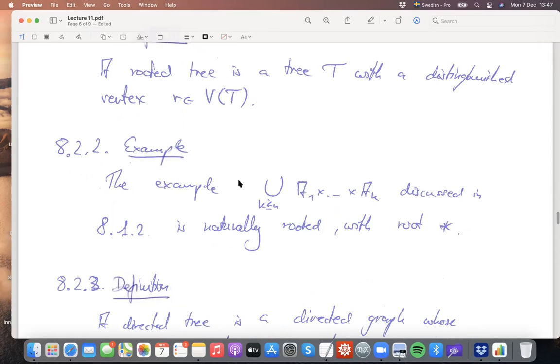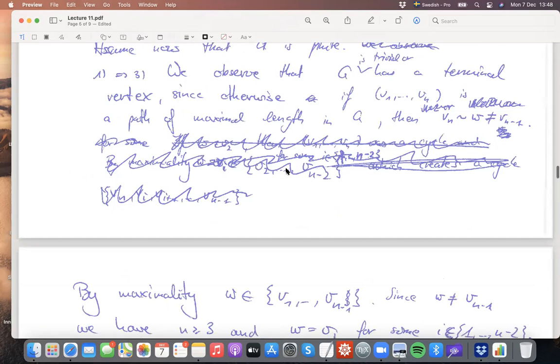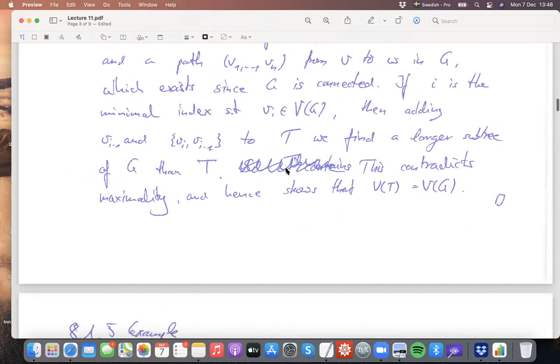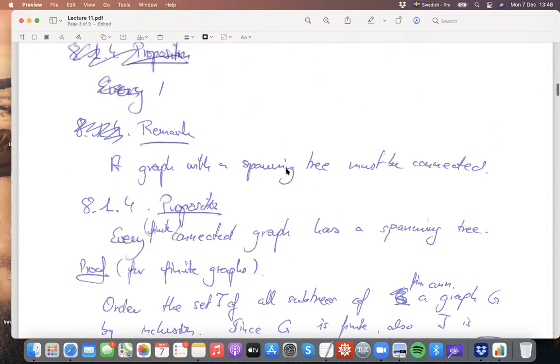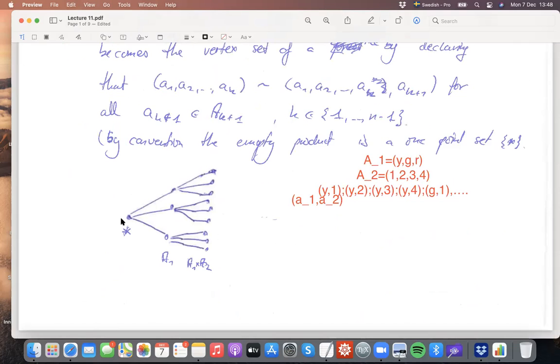For example, in this case, which we discussed in the beginning, we have a natural root which corresponds to taking an empty product of our finite set.